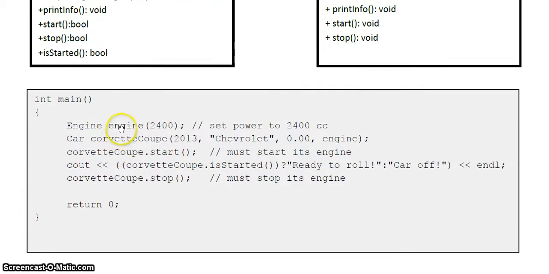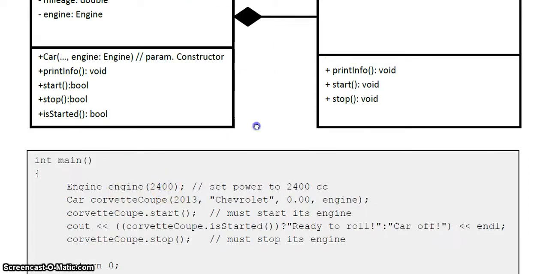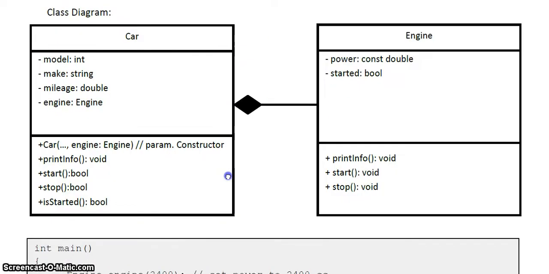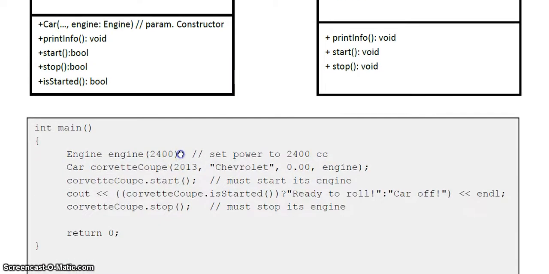So now let's see what this main function does. It initializes the engine. The horsepower of the engine is basically the argument. You have to create a parameterized constructor for that. And since it's a constant, it should be initialized in the initializer list of this parameterized constructor.